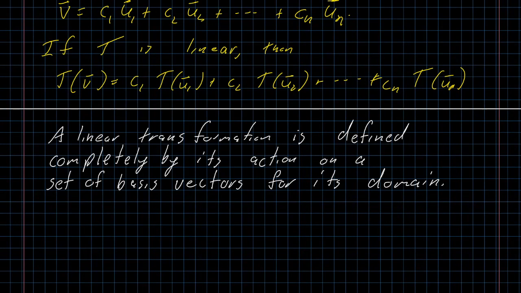A linear transformation is defined completely by its action on a set of basis vectors for its domain.